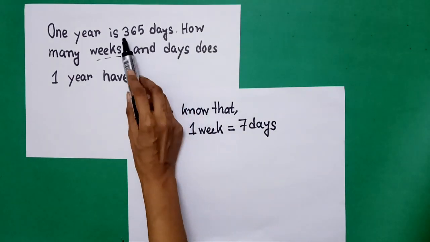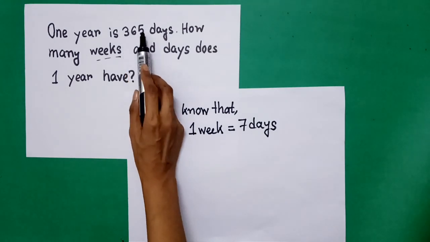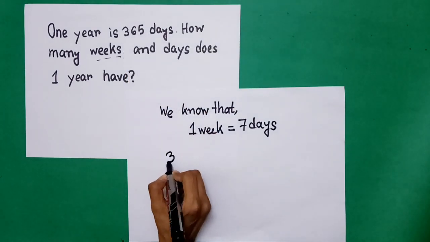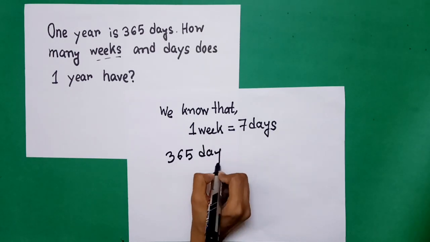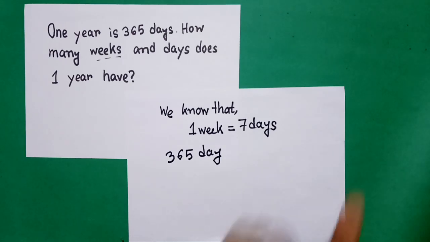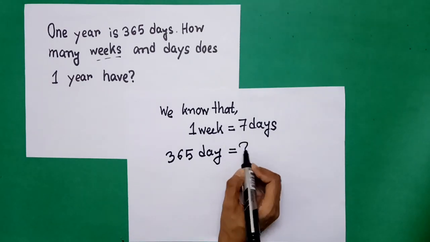Then we have 365 days. 365 days equal to how many weeks?